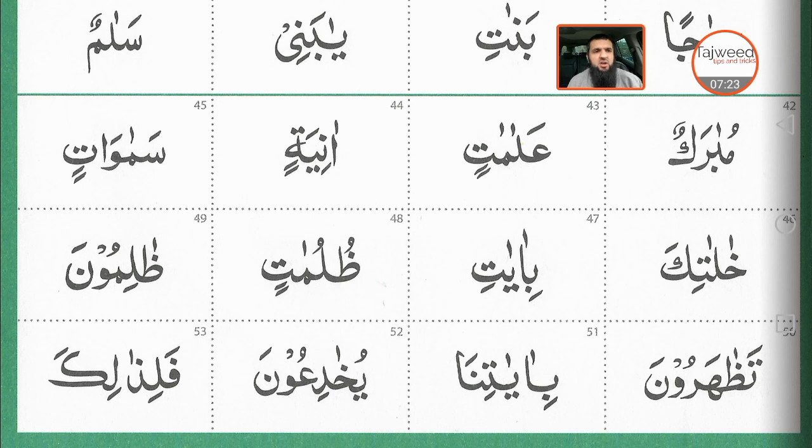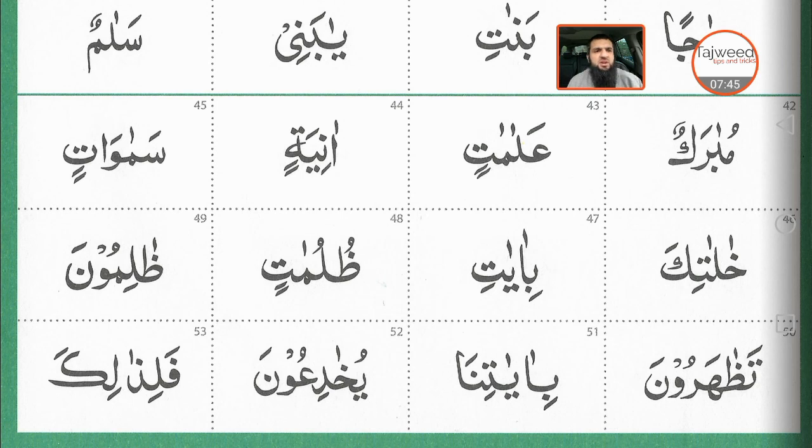Ta va ha. Ra joins the waw with that dhamma, so it's a dhamma followed by a joining waw. So it's ru, that stretch. Tadhaharu, and noon has a fathah, so it's na. Tadhaharuna.